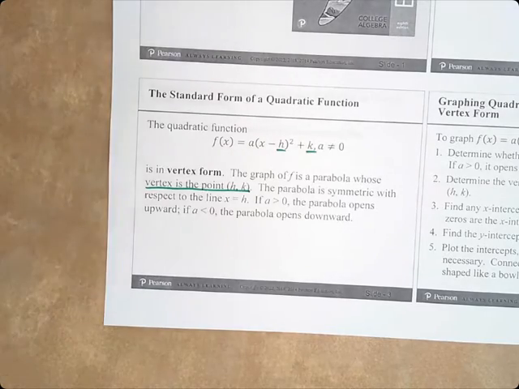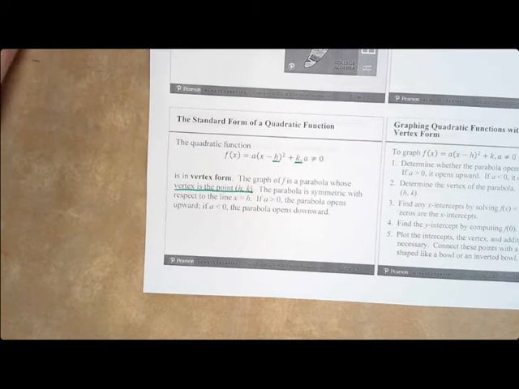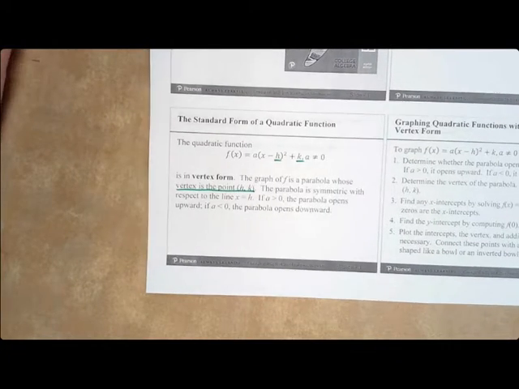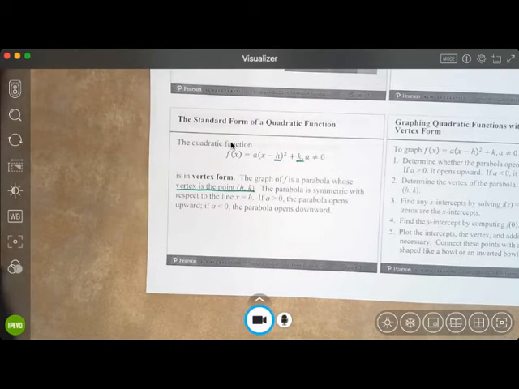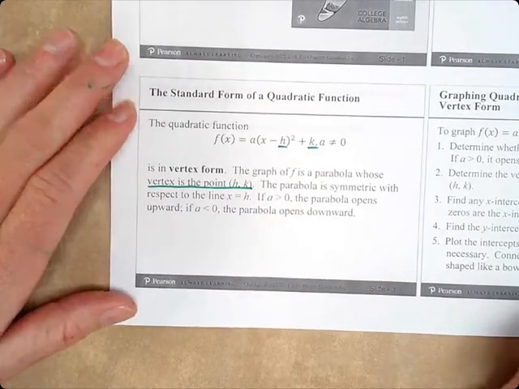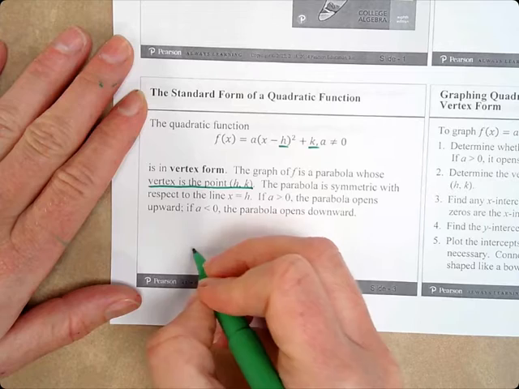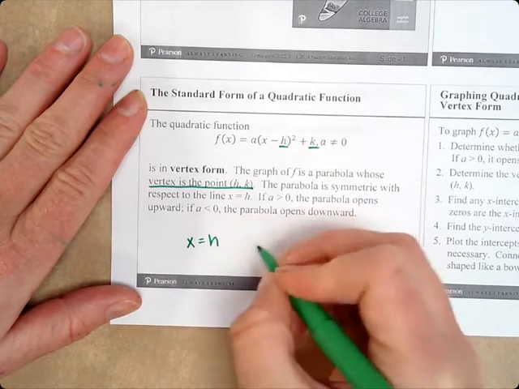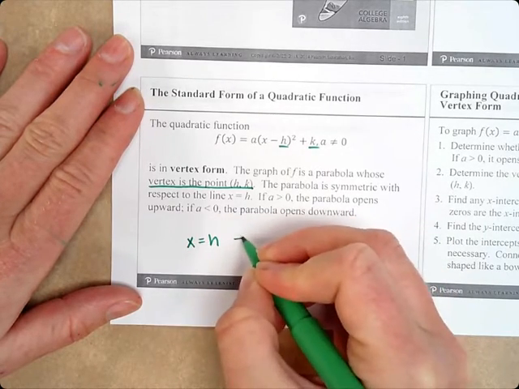It is symmetric on the axis of symmetry. The parabola is symmetric with respect to the line x equals h. That's called our axis of symmetry.